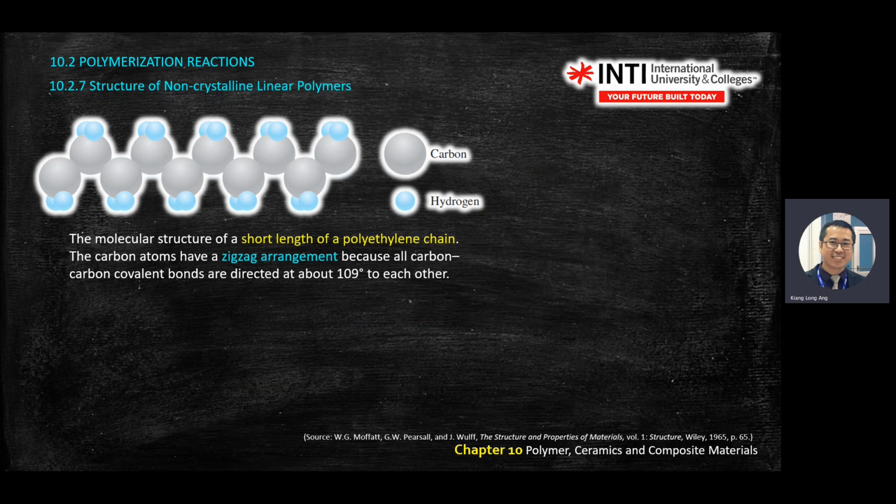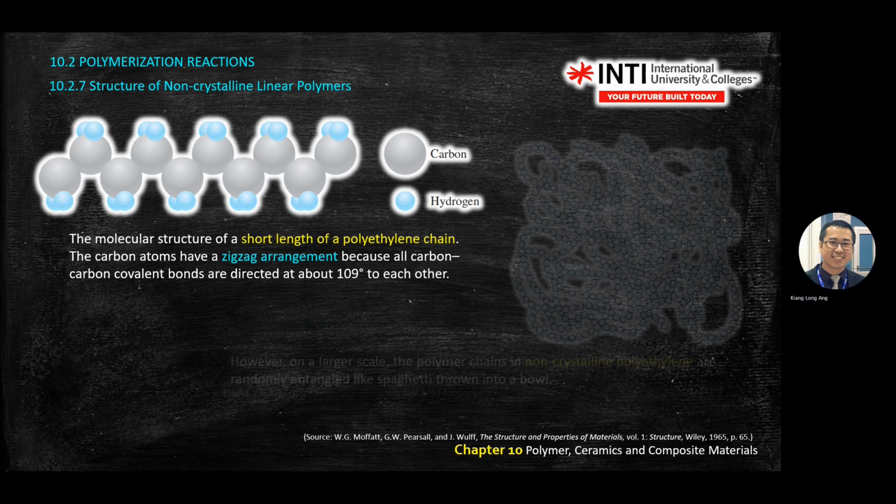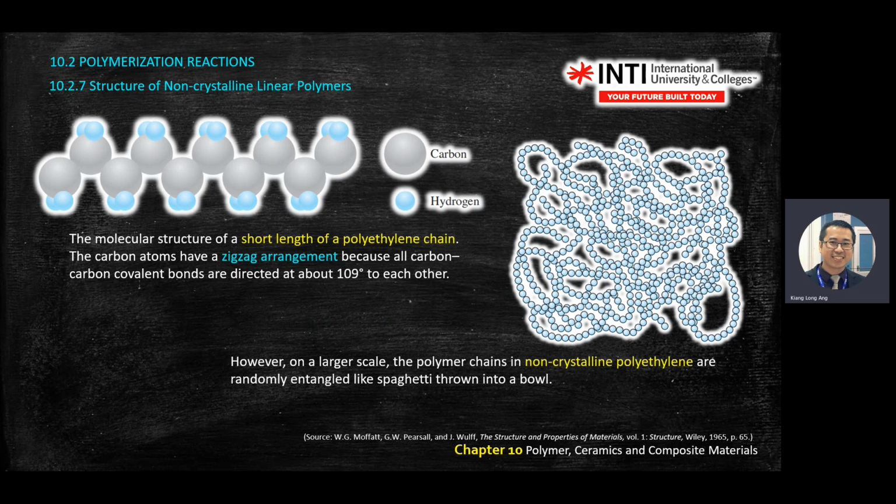So this is a hydrocarbon structure. You have carbon and hydrogen that bond with them. If you have a large scale, then you have a non-crystalline structure. The word crystalline you learned in the earlier chapter. Crystalline means it is a repeated pattern that you can observe.